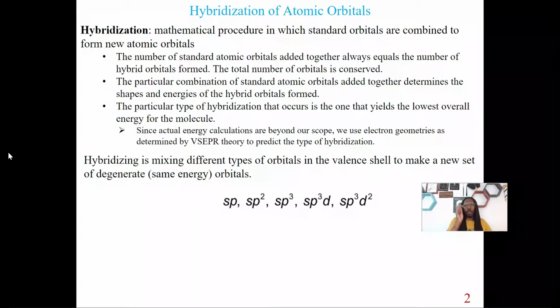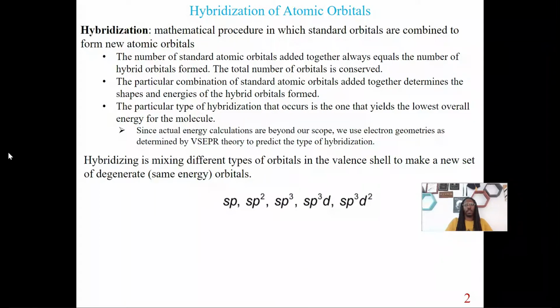Depending on your combination of standard atomic orbitals, you get new shapes and energies for your hybrid orbitals. Remember that the type of hybridization that occurs is the one that gives you the lowest overall energy. We all want to be stable, and in this case, these bonds want to be stable.